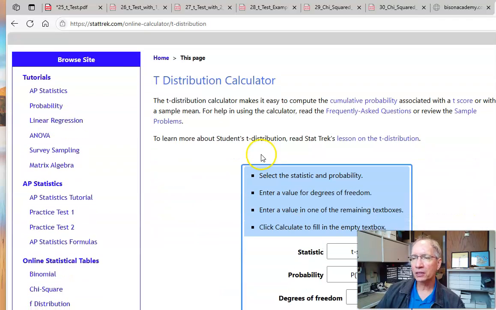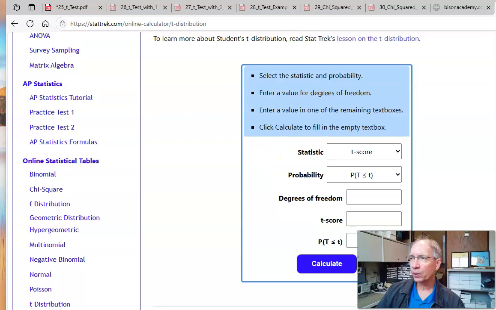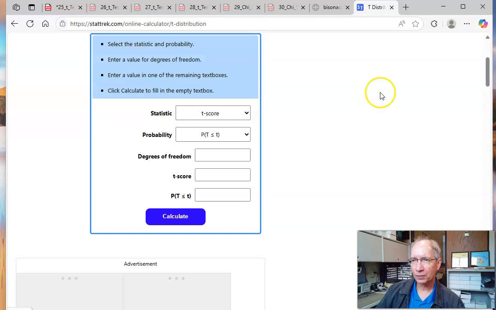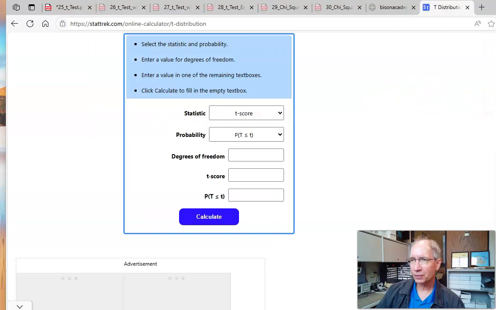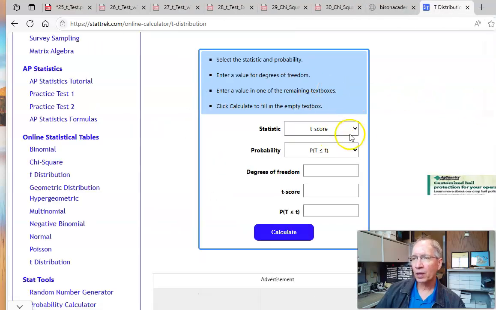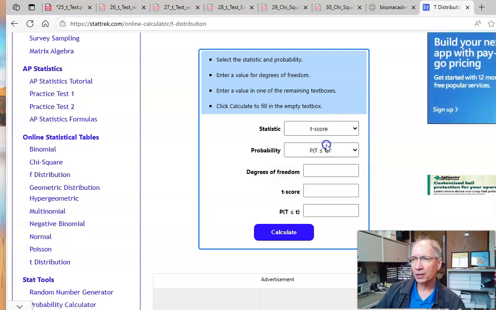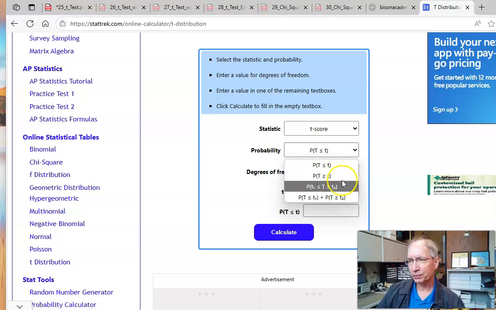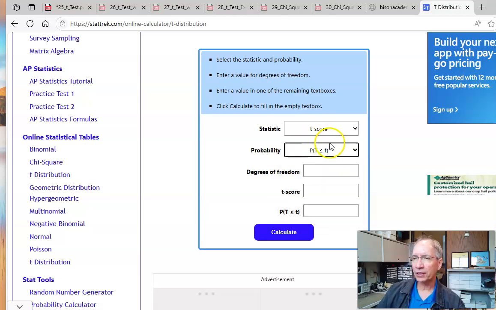This is a t-distribution. With a t-distribution, you input the t-score here. I can find the area of the tail to the right, in the middle, so on. Here we're just doing the area of the tail. The degrees of freedom is sample size minus 1. So if I have a sample size of 10, that means 9 degrees of freedom.